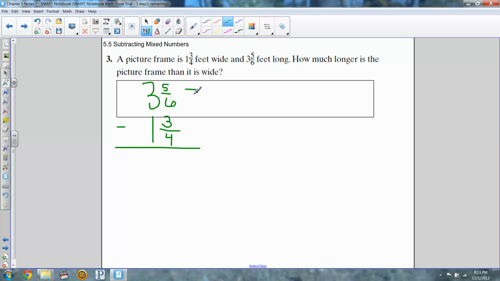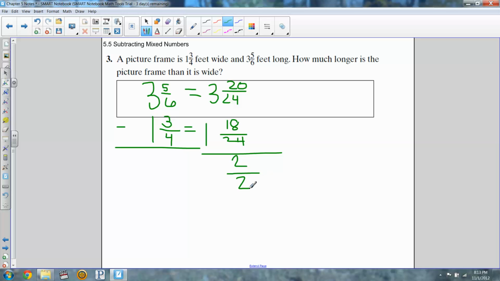Need to find my common denominator. Common denominator is going to be 24, so I'm going to rewrite my fractions. I'm going to multiply 6 by 4, so I have to multiply 5 by 4. I'm going to multiply 4 by 6 to get to 24, so 3 times 6 is 18. Now I do my numerators. 20 minus 18 is 2.